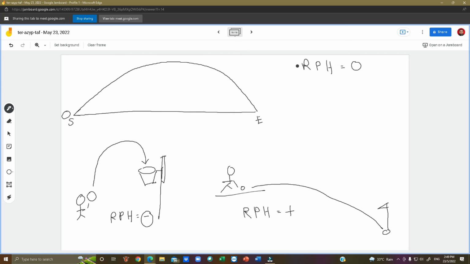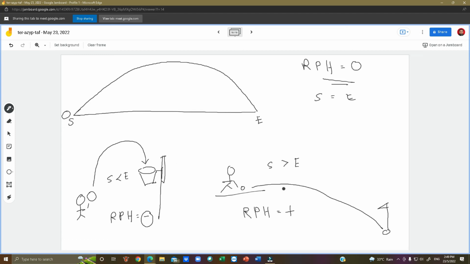If the starting is equal in terms of height with the ending, relative projection height dia kosong. Starting sama dengan ending. Kalau starting is lower than the ending, relative projection height dia negative. And if the starting point is higher compared to the ending point, relative projection height dia positive.